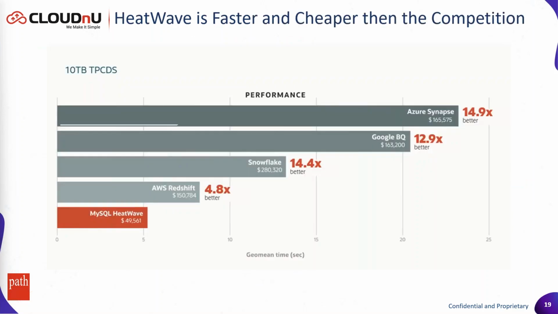Now, we did a recent comparison using TPC-H for 10 terabytes of data. And what we learned is that MySQL HeatWave performance was significantly better than the performance of Azure. In other words, MySQL HeatWave for Azure worked much better and much faster than Azure MySQL on the Microsoft Cloud side.